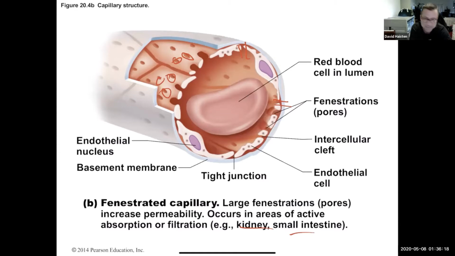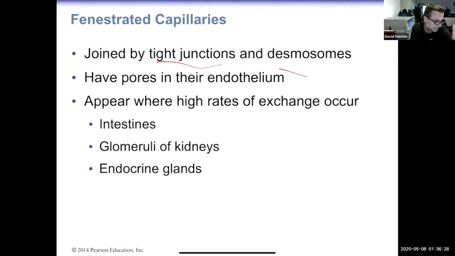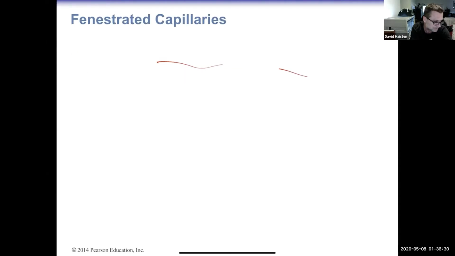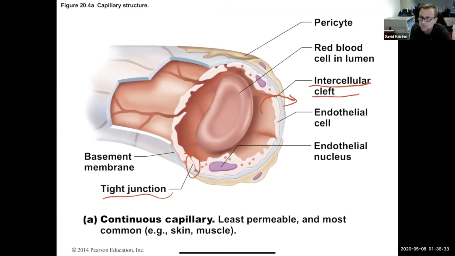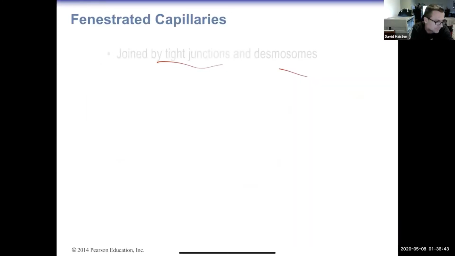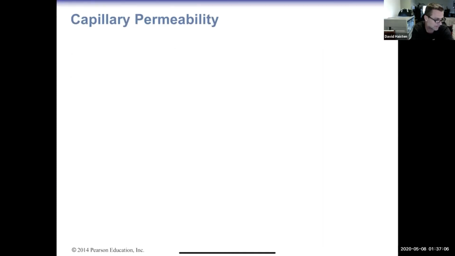So you're going to find this where there's a lot of filtration and absorption happening: your small intestine, absorbing nutrients, and kidneys, filtration. Continuous capillaries are the least permeable, but they're still leaky as all get out. They have intercellular clefts, so in your skin and muscle. So these are the three types of capillaries, and that's it. Do you have any questions on the capillaries? Capillary permeability varies.